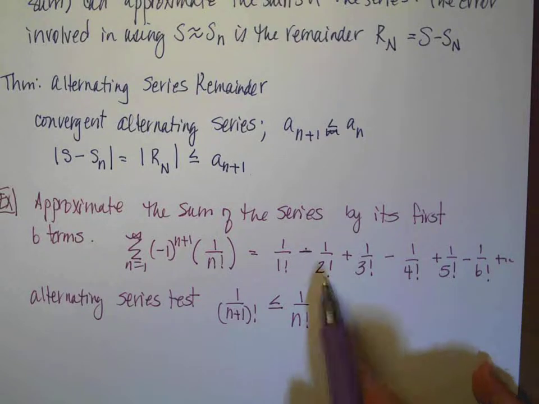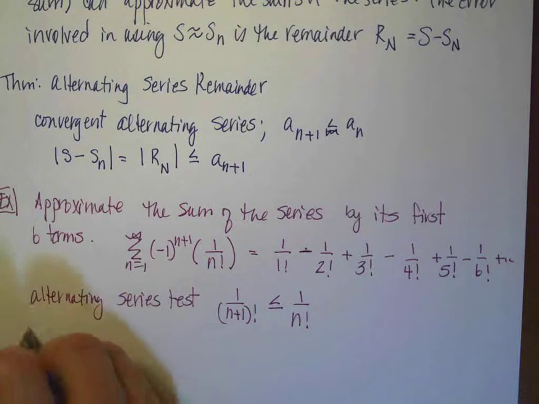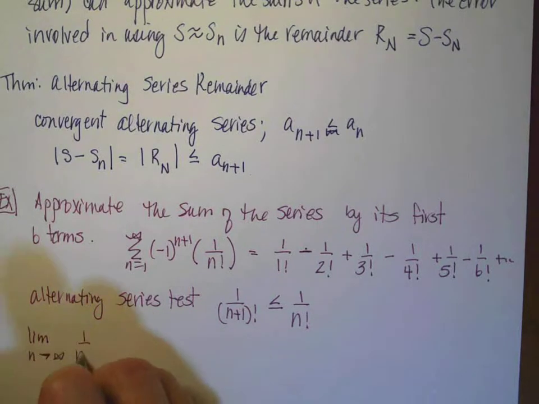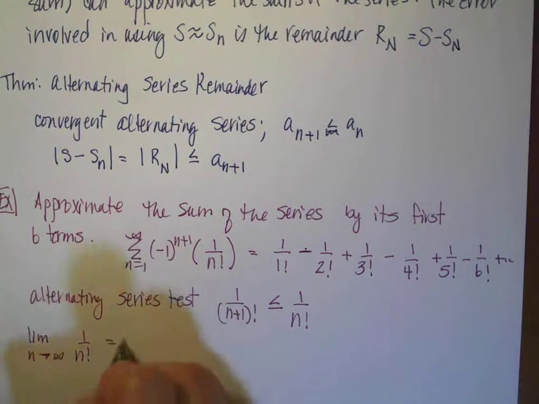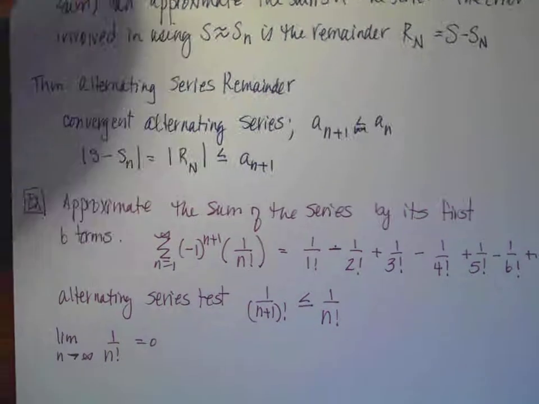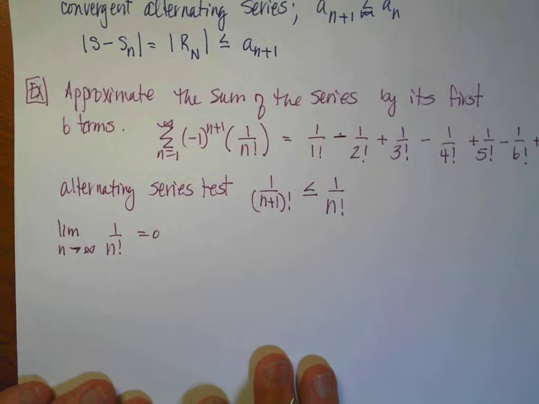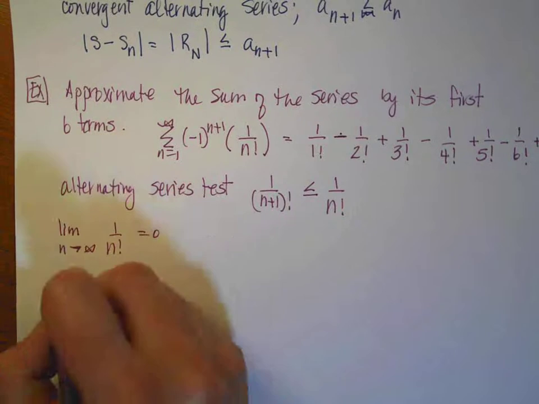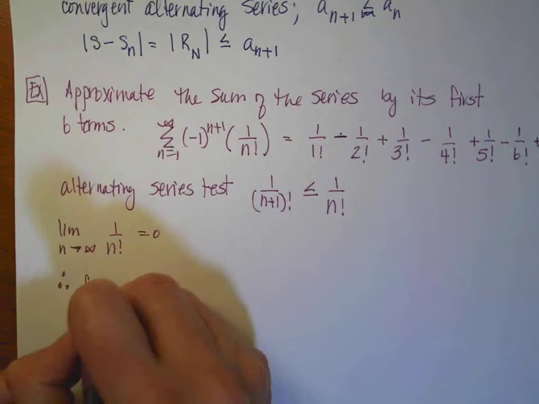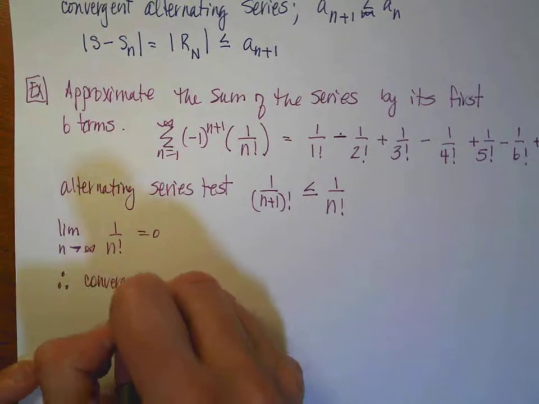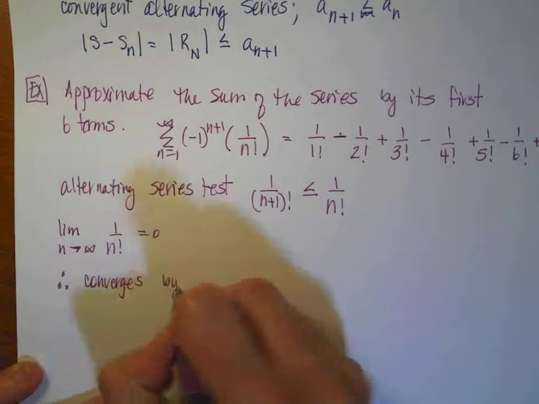As the denominators get bigger, the next subsequent term is going to get smaller. And then if I took the limit as n approached infinity of 1 over n factorial, well, this is going to go to 0 because the numbers in the denominator are growing significantly. So then we can say, therefore, it converges.